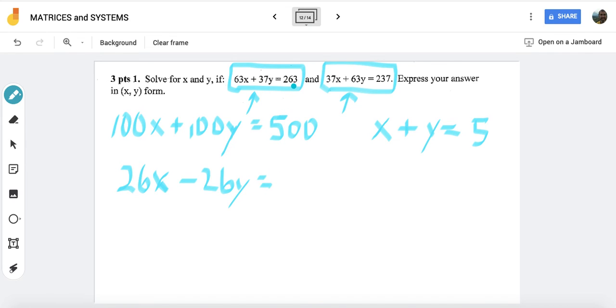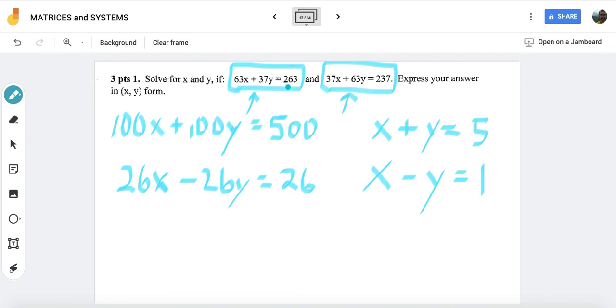And 263 minus 237 comes out to positive 26. And this equation, where we subtracted them, can be reduced. You can divide everything by 26 and get x minus y equals 1. Right? When you divide by 26, you get this.